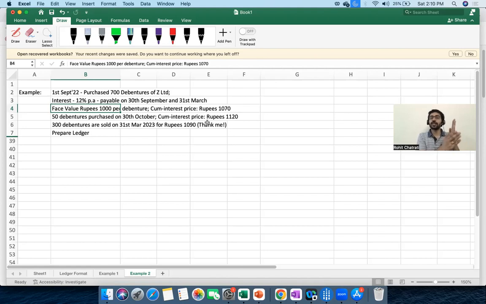All interest accrued from the last interest date up to the date of purchase is already calculated and included in the cum interest price of rupees 1070.